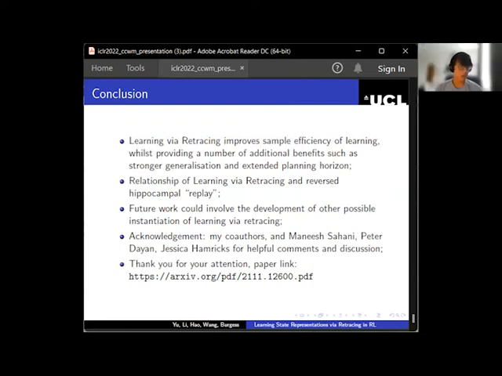Well, there's a concurrent work that is similar to a model-free version of the general idea of learning via retracing. It uses a deterministic transition model, but with completely independent forward and reverse transition dynamics models, somewhat similar to the ICM module in the curiosity-driven RL works.